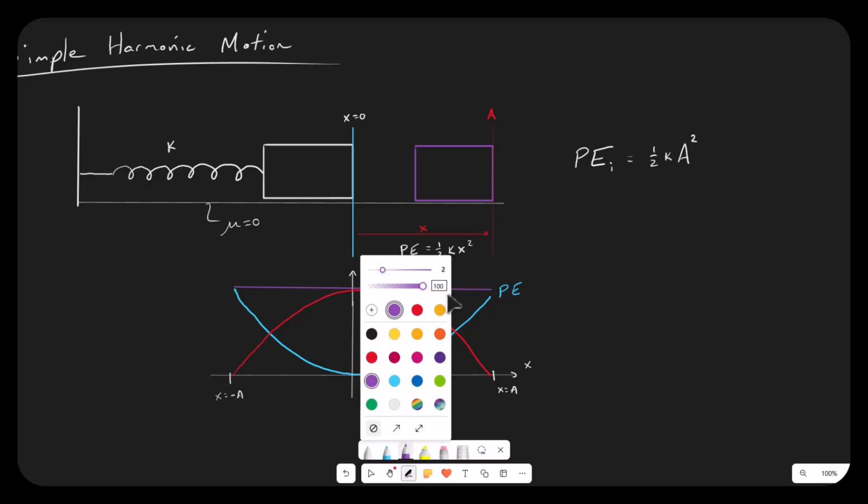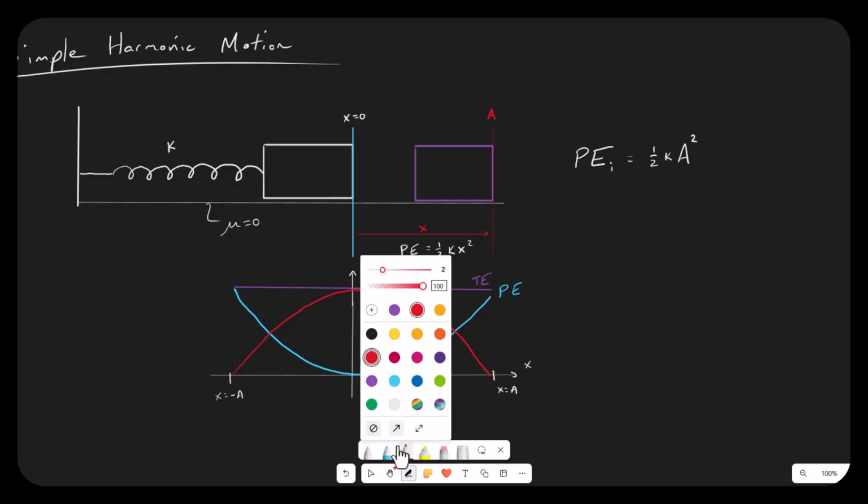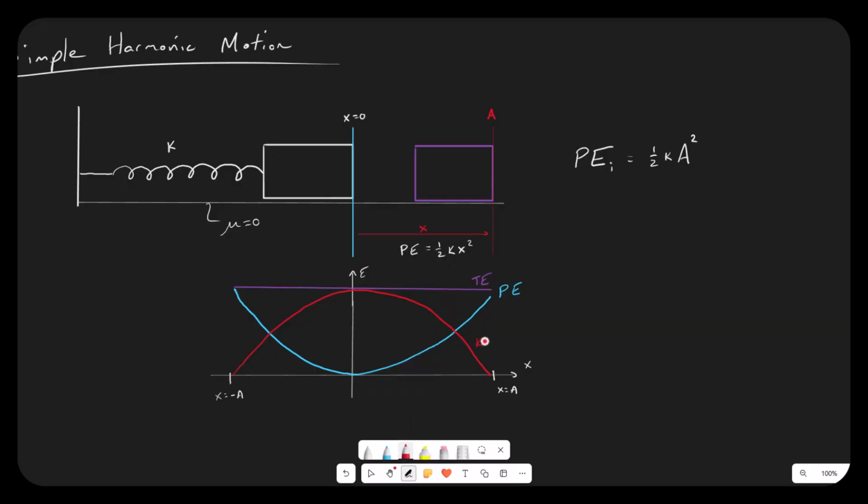So my total energy, this is total energy, and red was my kinetic energy. My total energy, which is potential plus kinetic, stays constant. My initial potential energy is my total energy. This is my energy budget. At equilibrium, so this is out at x equals amplitude.